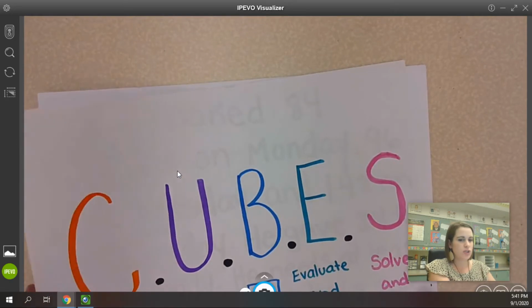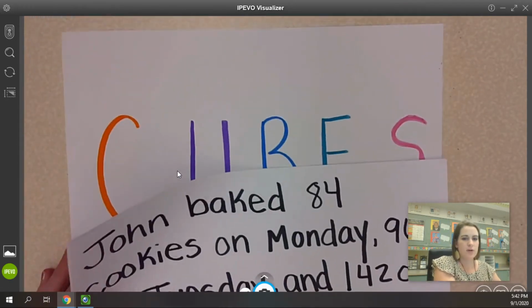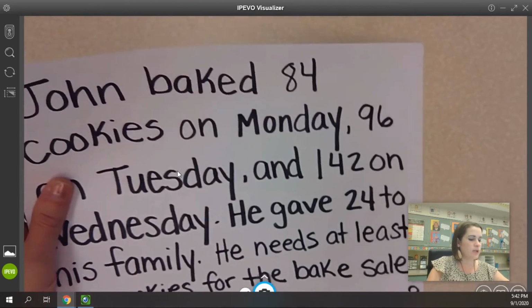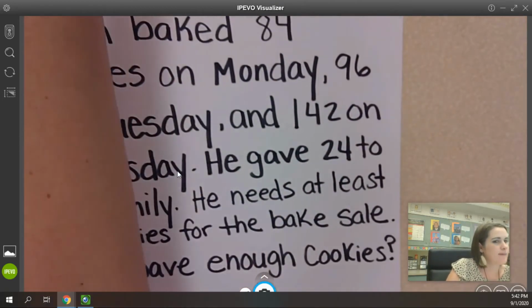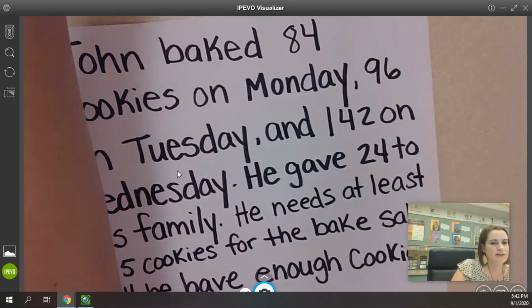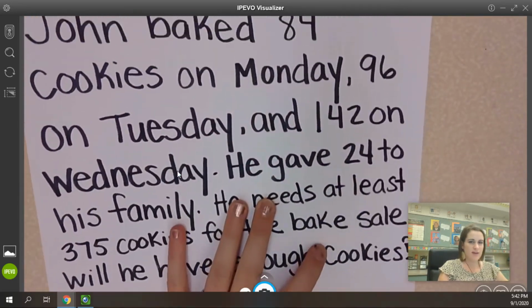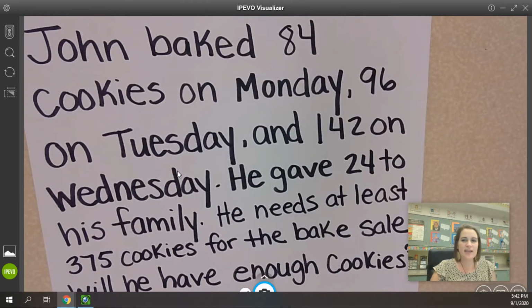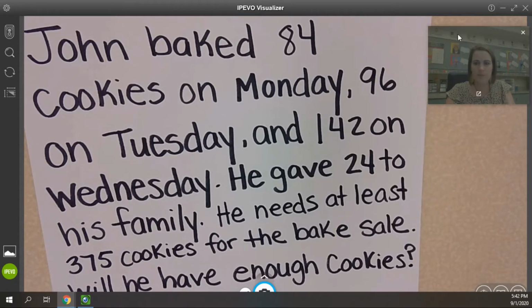All right, so let's use CUBES to solve this problem. I'm going to read it to you, and then we're going to go over each one together.